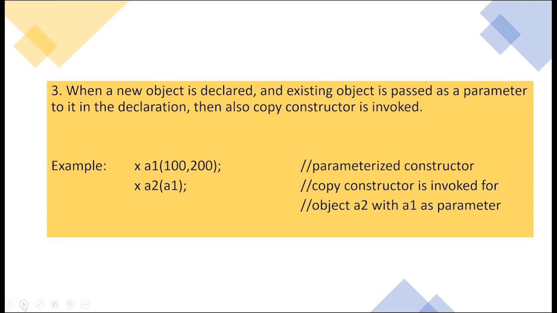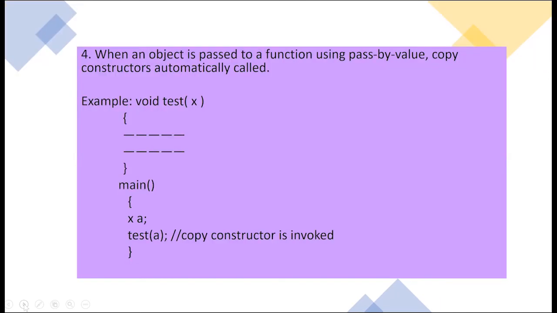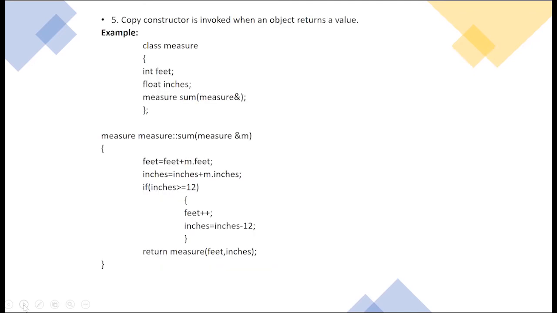Third, when we are passing an object as a parameter to a newly created object. Fourth, when we are passing an object as a parameter of a function, then also a copy constructor is going to get invoked. Fifth, a copy constructor is invoked when a function returns a value which is of type object.